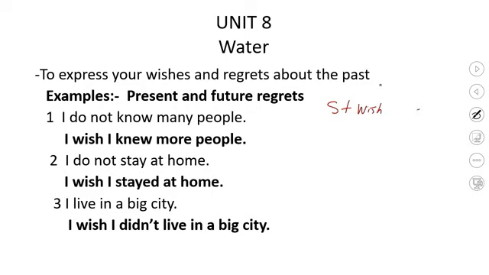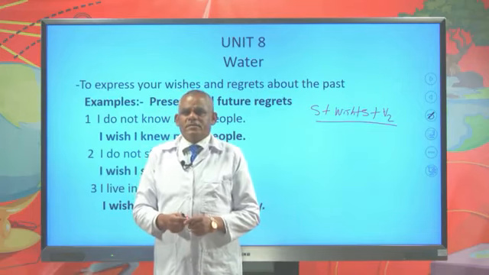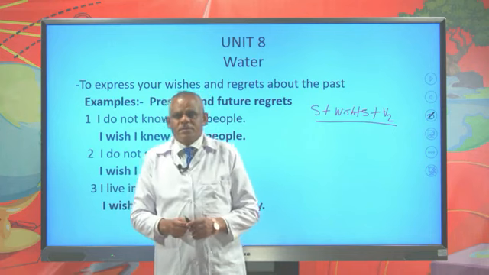And then subject plus wish plus subject here now. This shows that two subjects are possible, plus the V2 form. When you put the wish structure in such a form, this is what you call present or future regrets. You regret in the future or in the present time.